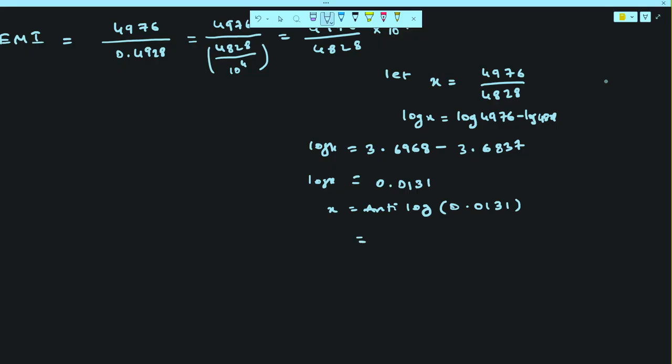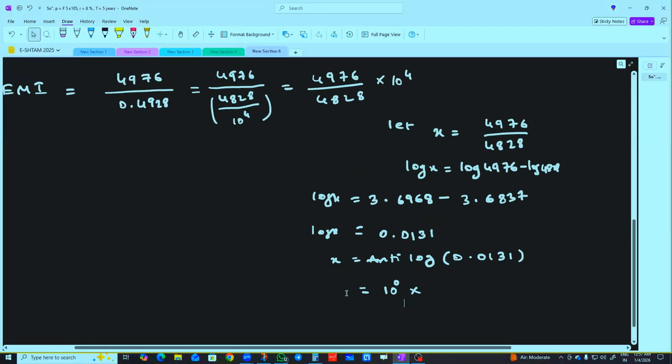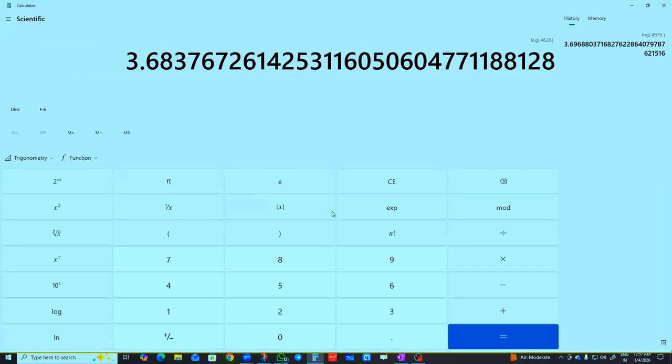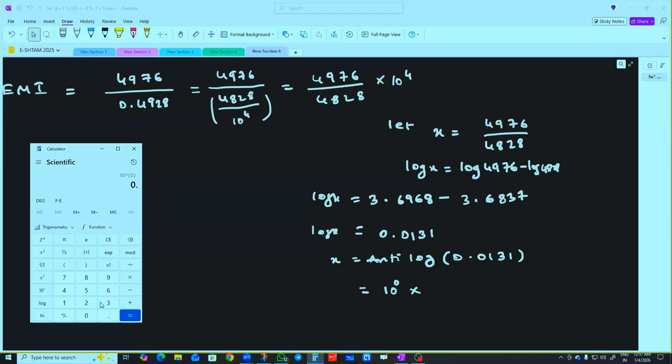The integer part will be taken as 10 power 0, so it will be 10 power 0 multiplied by the anti-log value. Please check the anti-log of 0.0131.